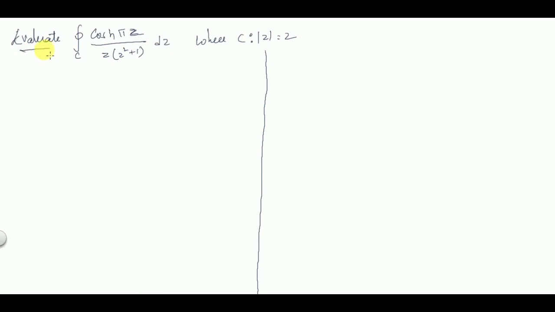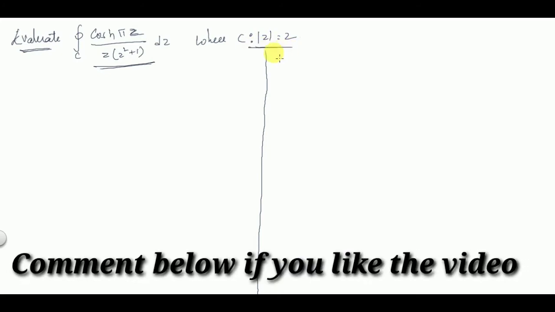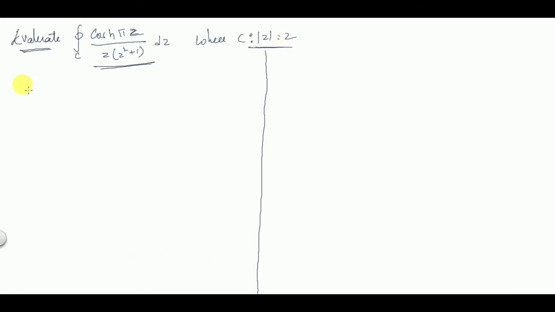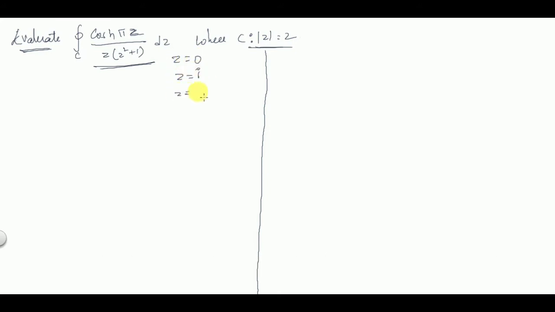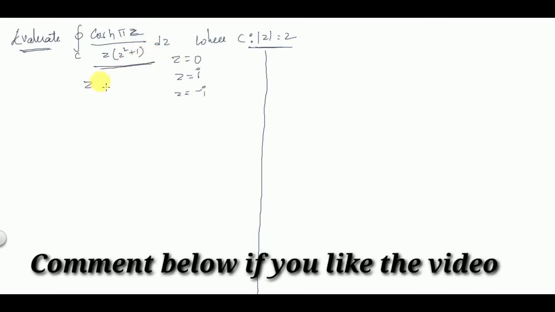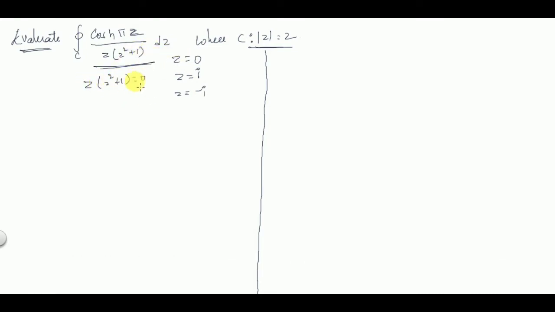Right, we'll see one more problem on this. Integral of cosh(pi z) by z into (z square plus 1) dz, and the closed contour is |z| equal to 2. First of all, z equal to 0, z equal to i, and z equal to minus i are the singularities, because z into (z square plus 1) is equal to 0. z square plus 1 can be written as (z plus i) into (z minus i), which is equal to 0.